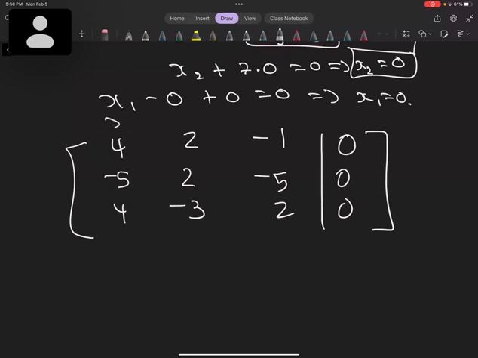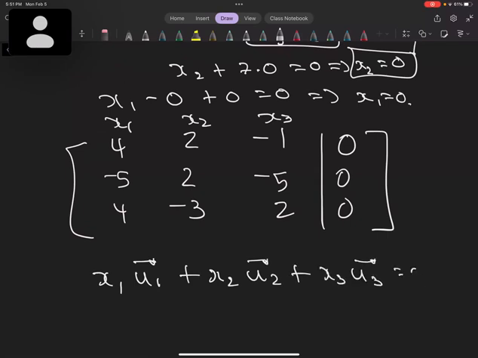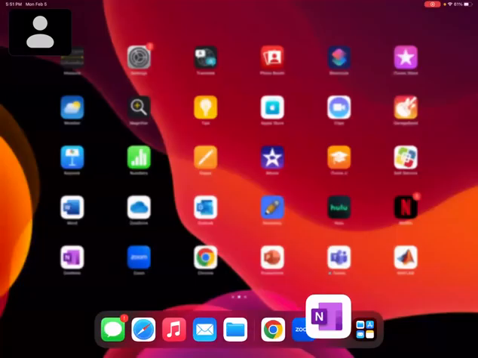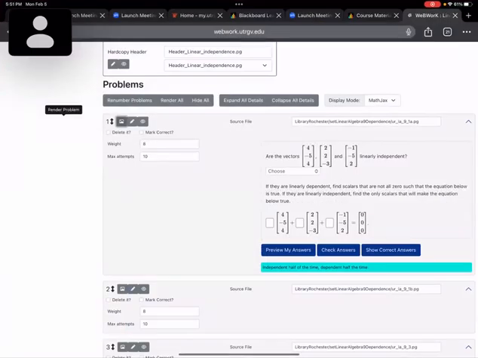So this is x1, x2, x3. So what we're doing is checking if x1 u1 plus x2 u2 plus x3 u3 is equal to 0. So if we find x1, x2, x3 must all be 0, then it's linearly independent. Okay, so it's just what we did.